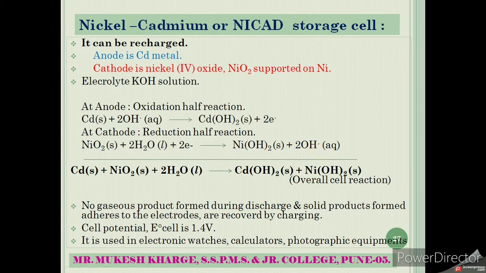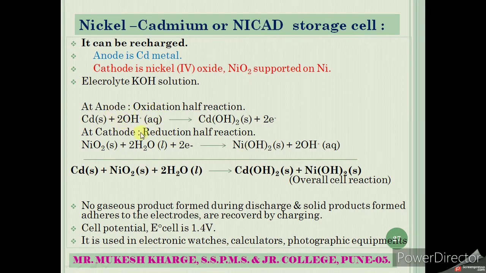Okay, so if we observe this reaction, it looks very difficult, but if you remember it this way, then it is very easy. Cd gets converted to Cd2 plus by loss of 2 electrons, and Ni4 plus gains 2 electrons and gets converted to Ni2 plus. Overall is this reaction.